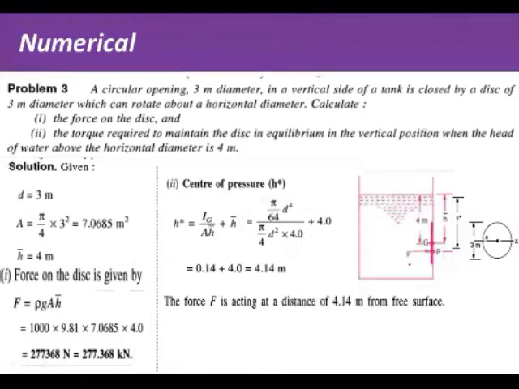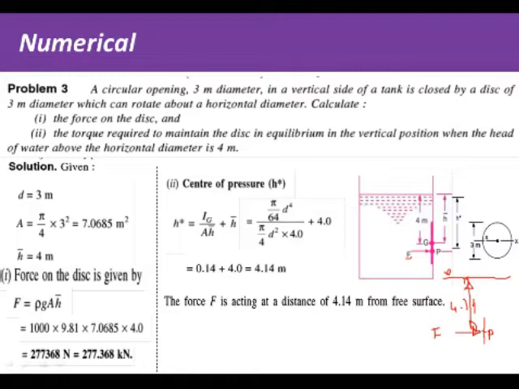That means, what is the torque applied by this force? This is your liquid surface, this is your gate, this is point P. On the left side of P, one force is acting which has the value F, and it is acting at a distance of 4.14 meter.